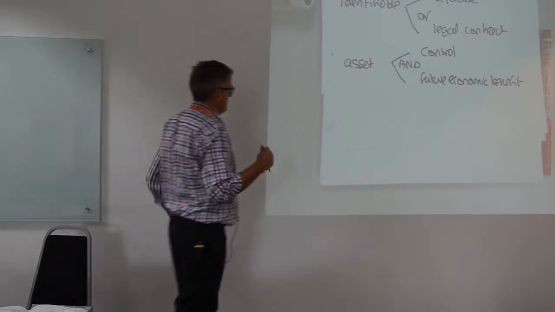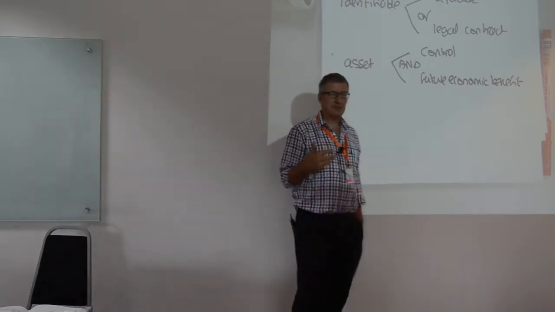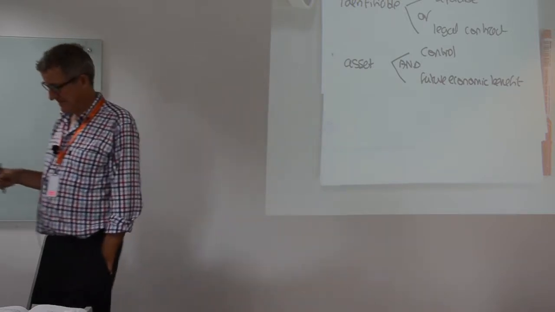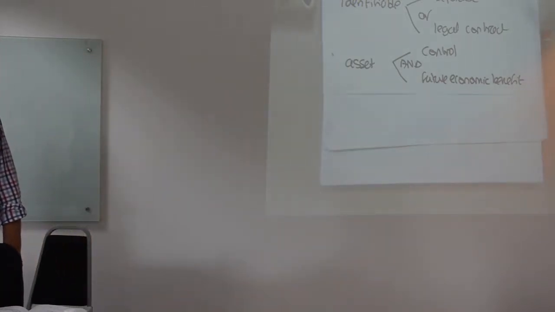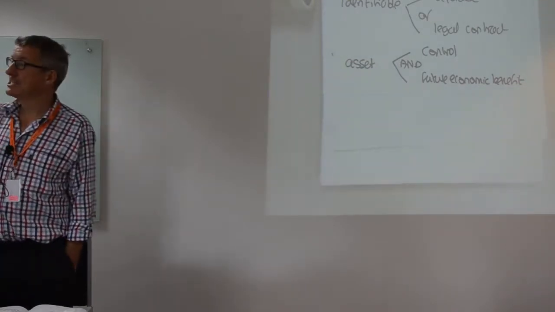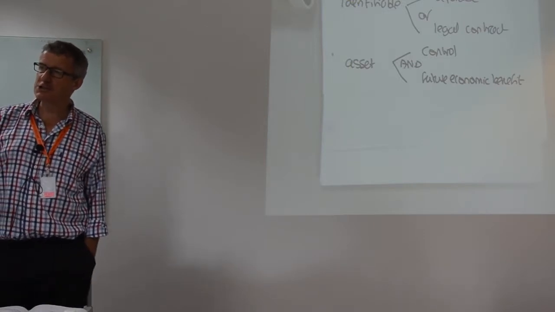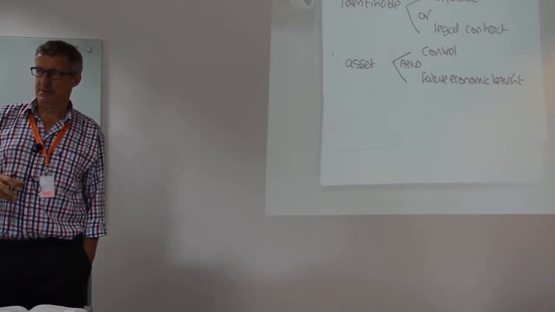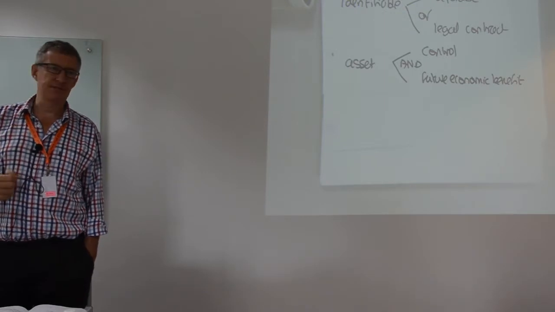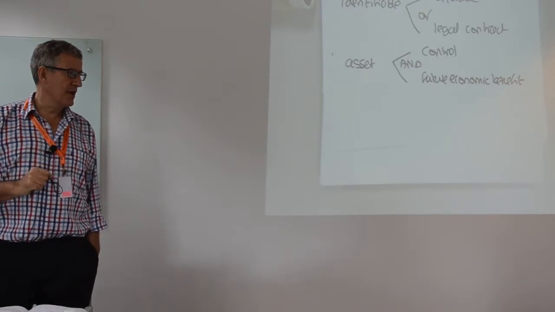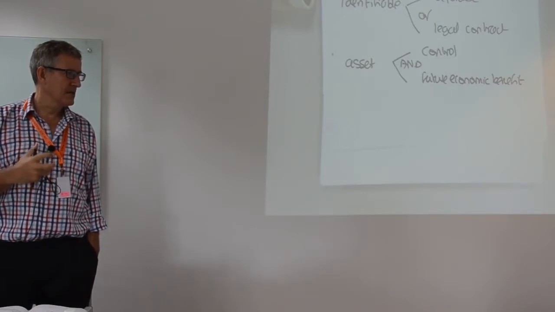So I'm happy with what an intangible asset is. You cannot touch it, but you control it. You could sell it, or you've got some kind of legal contract, and it's a good thing. It's a valuable thing. Landing rights at an airport, fishing rights, mineral rights, intellectual rights, copyright, patents, brands.